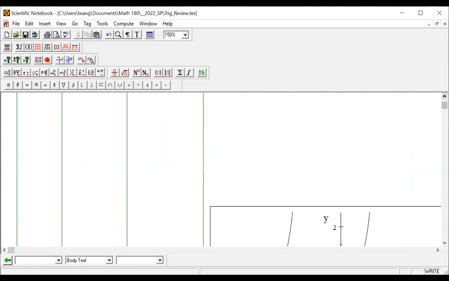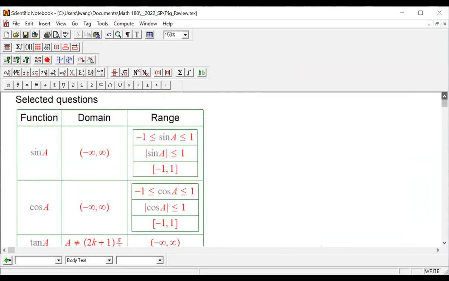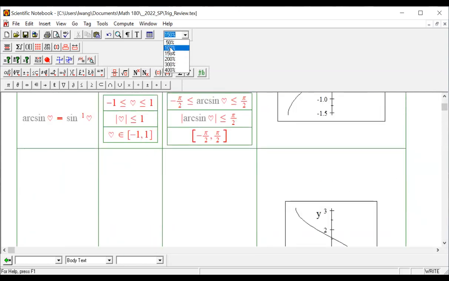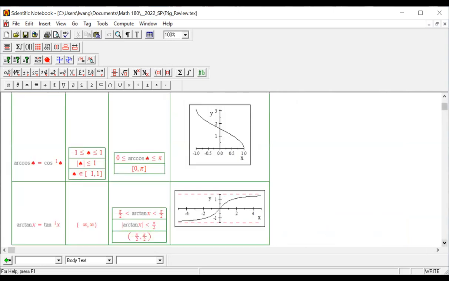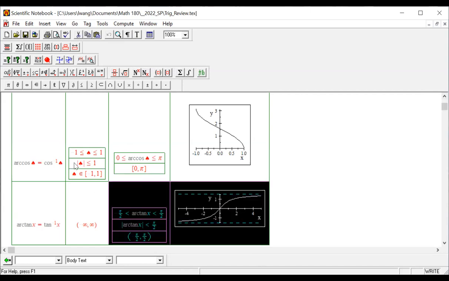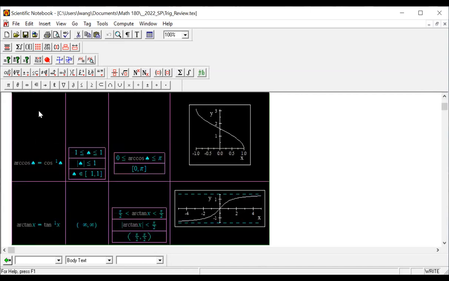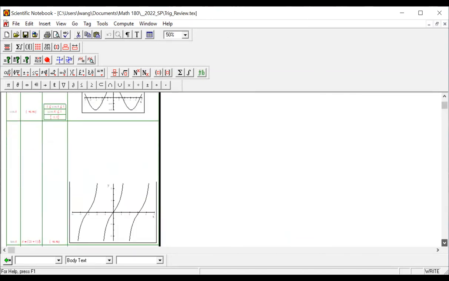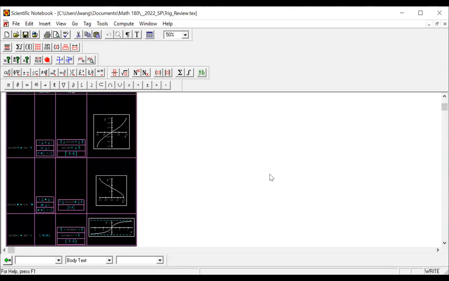These are the selected questions, and we have answers here, but now if I remove those pictures for the arc functions, let me see if I can make a shorter version for you, which looks nicer. The picture just messed things up. I just have to make it a little smaller. Be patient with me.